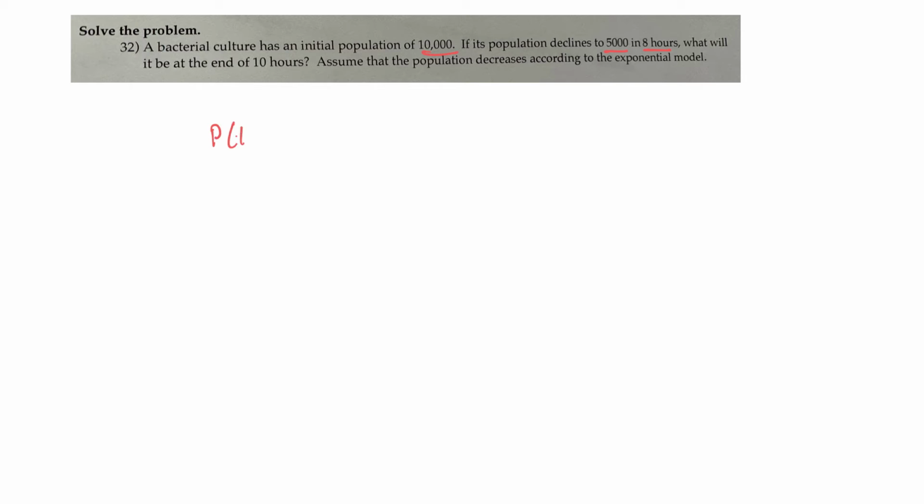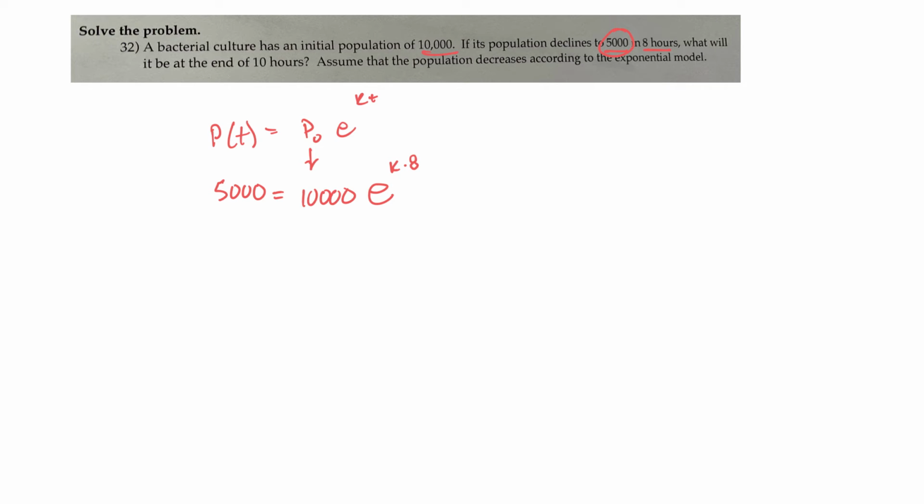So my formula is P of t is equal to P0 e to the kt. And so it starts at 10,000, that's P0. And then it ends up at 5,000, so that's P of t. And it does that in 8 hours. So k, I don't know, times 8.